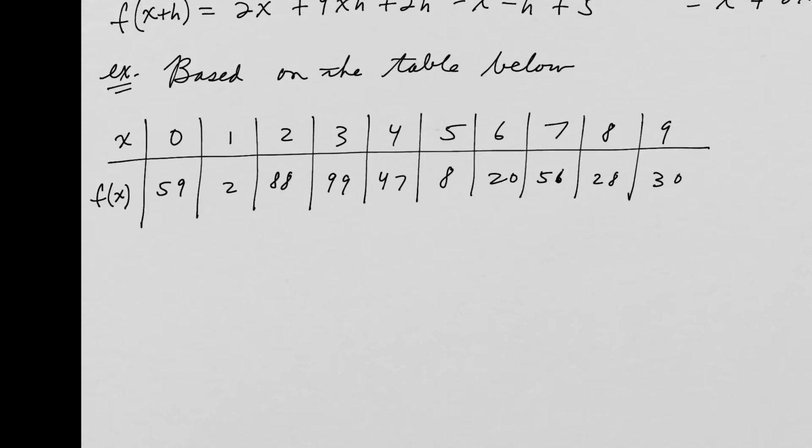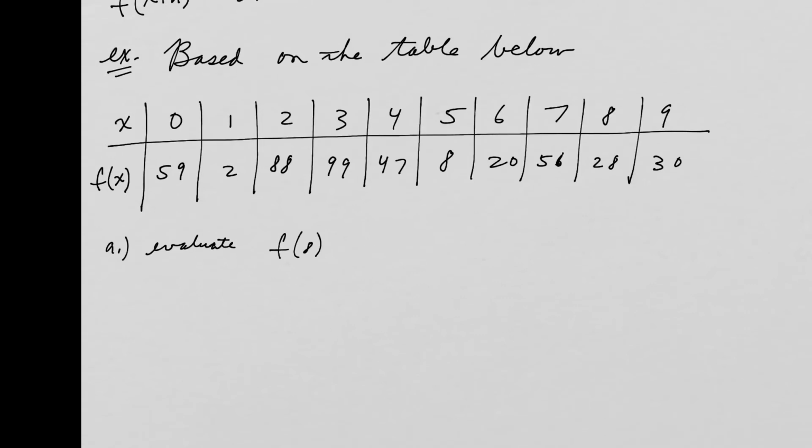Okay, so a couple of questions based on that table. Let's say I want to evaluate f of 8, and then I'll do f of 0 and f of 4.